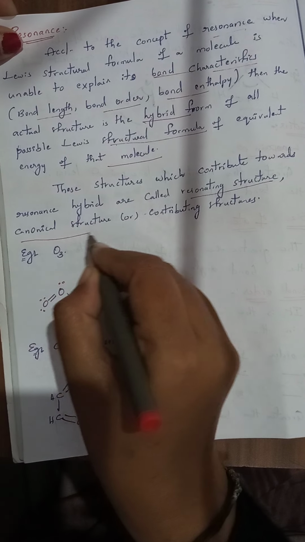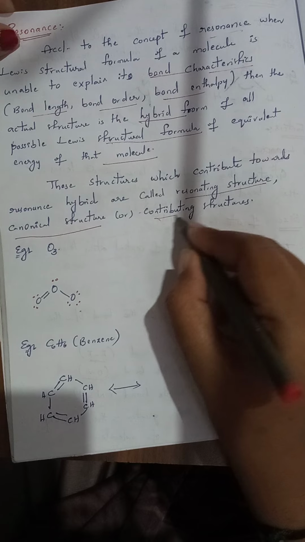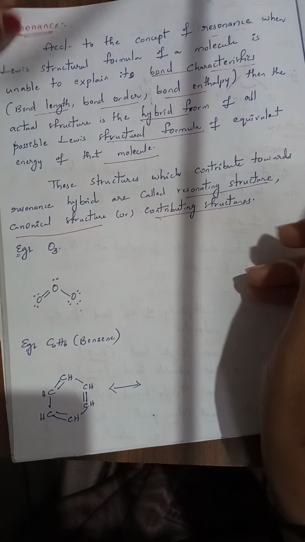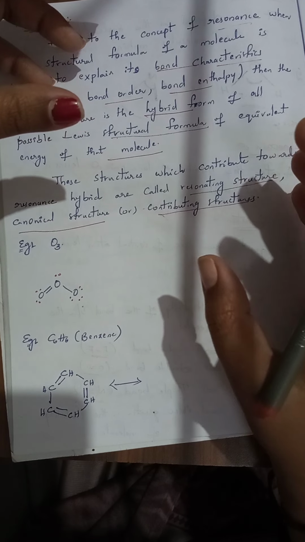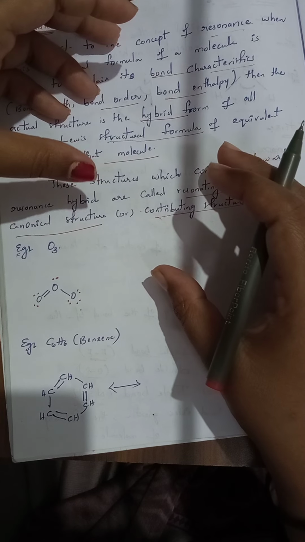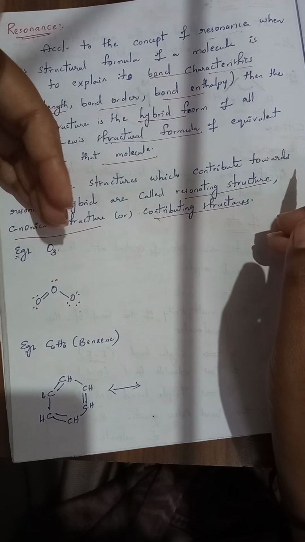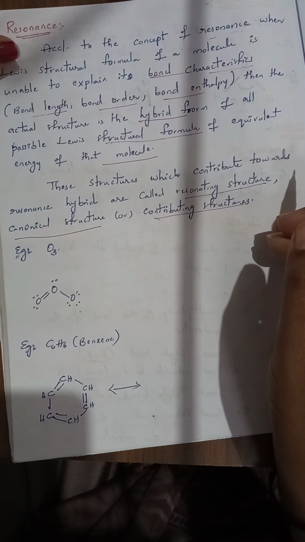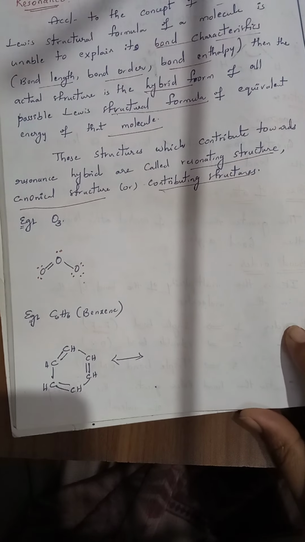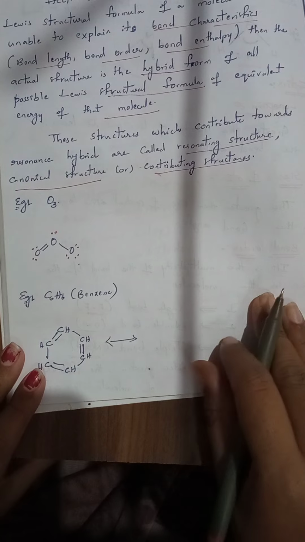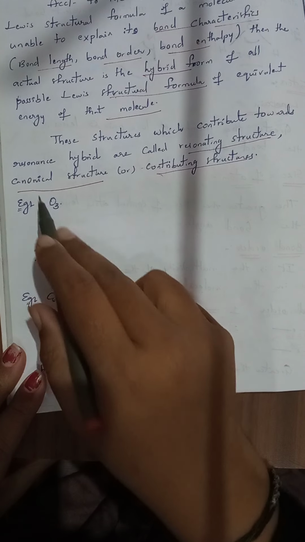We can also call such structures canonical structures or contributing structures. Whatever Lewis structures are involved in the formation of a resonance hybrid are called resonating structures, canonical structures or contributing structures.